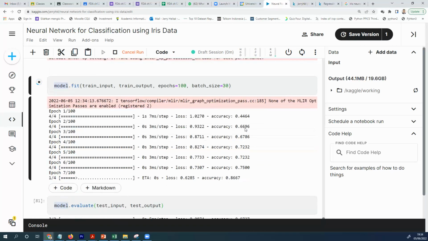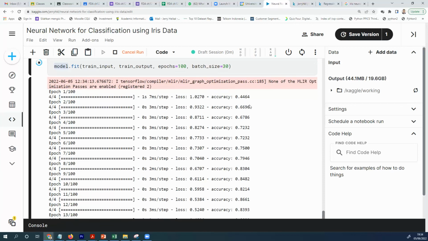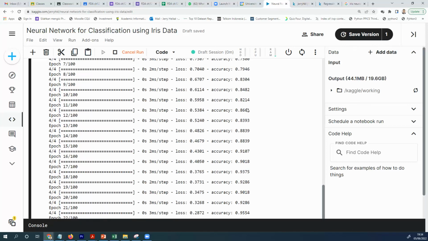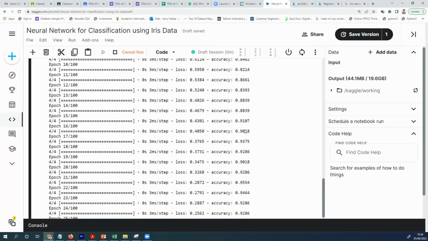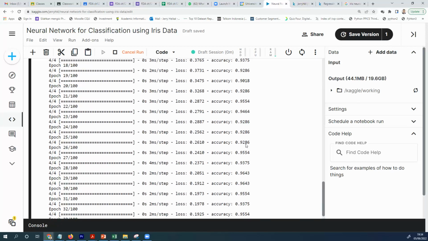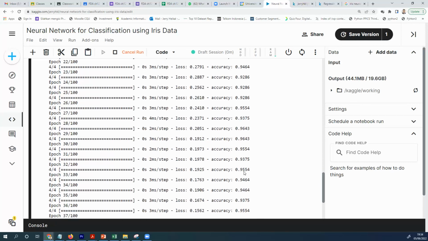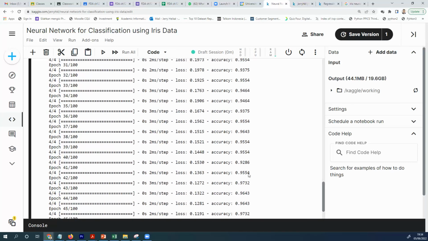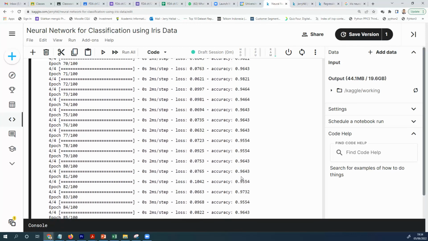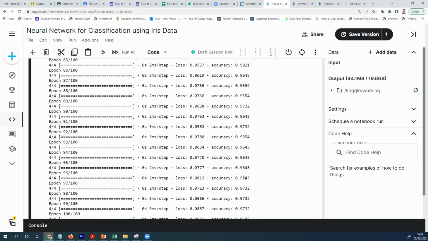So the model runs. We see the accuracy is 0.44. The model keeps running, calculating the weights. The accuracy increases to 0.75, then 86%, then 92%. So the model learns about the data and increases the accuracy, changing the weights until 100 times.